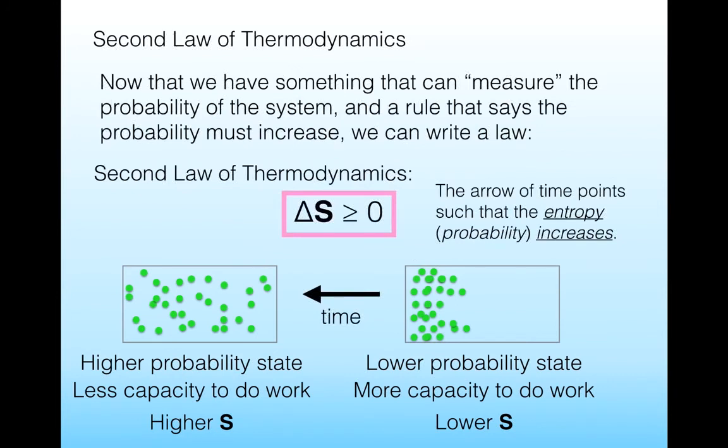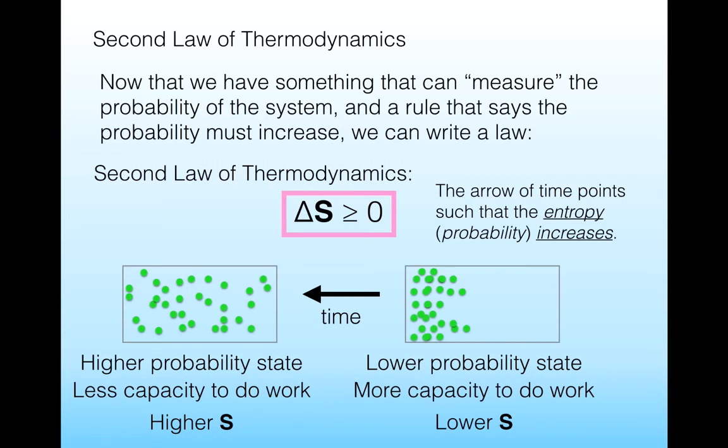In particular, that probability has to evolve towards the higher probability state because it's just more likely. So if we did have molecules that were all on one side of the box, they would have to evolve to being like the molecules on the left-hand side. They'd have to go towards that with time. And this means they have to go from a lower entropy state to a higher entropy state. That means that the change in entropy, in this case, is greater than 0.